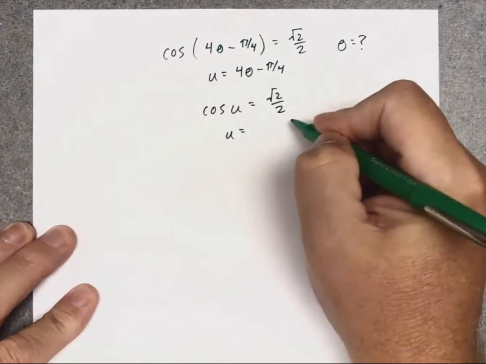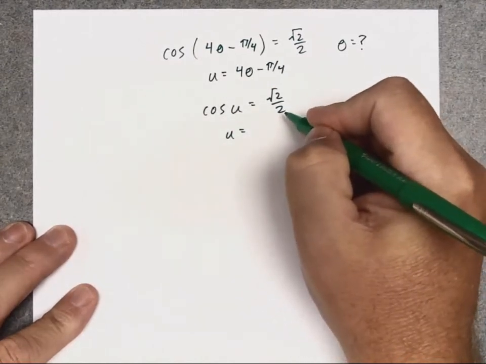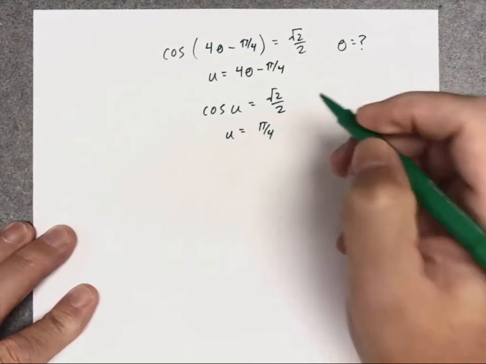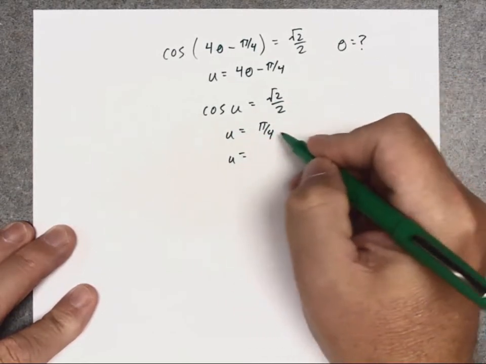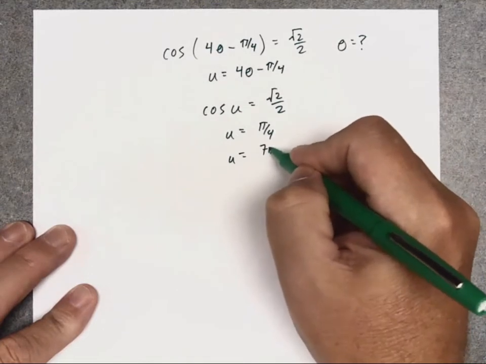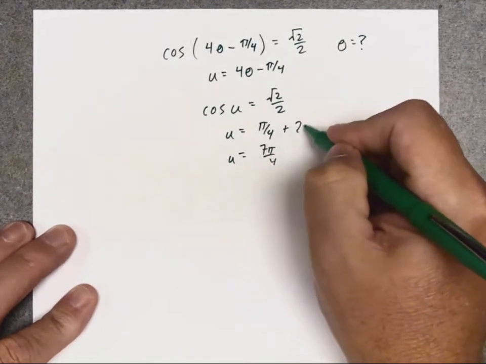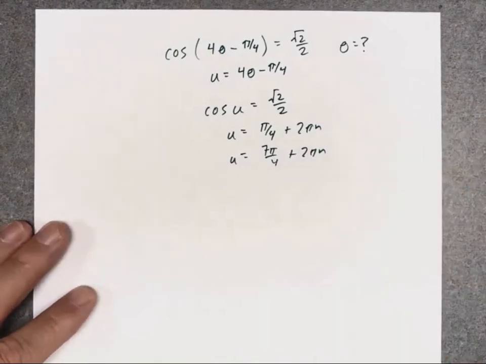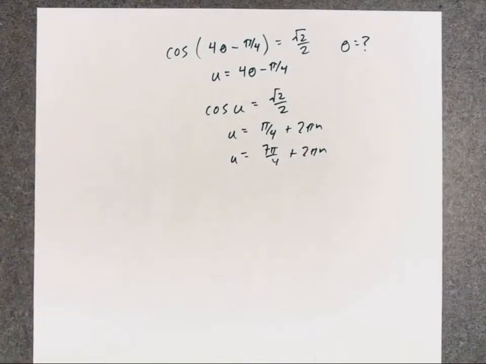I realize this is going to be first and fourth quadrant. First one is going to be pi over 4. Second one is going to be 7 pi over 4. And of course, I have to add the 2 pi n's. So these are my solutions for u.